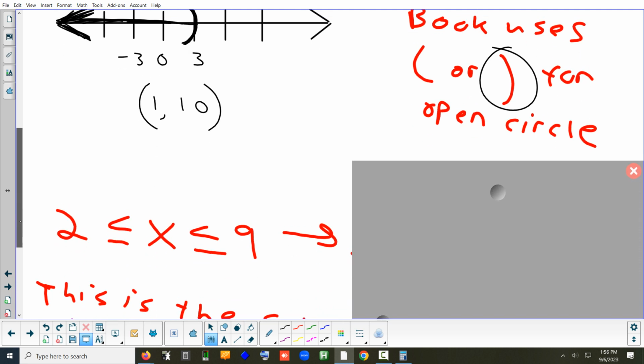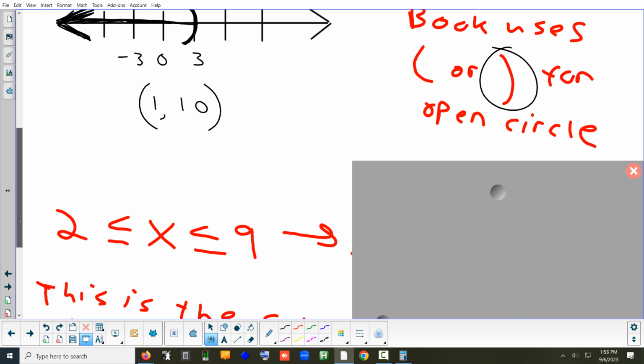The last type of inequality we can graph is something like this. It's called a compound inequality. It's like two inequalities put together. And there's a word that's connected with this when you read it. You say x is greater than or equal to 2, the word, and then x is less than or equal to 9.